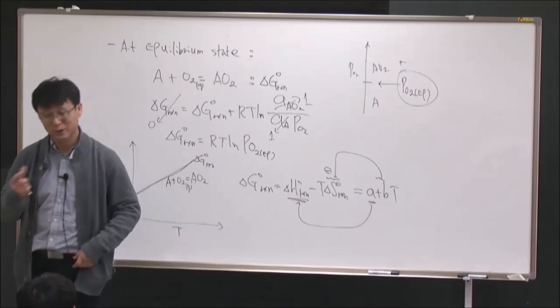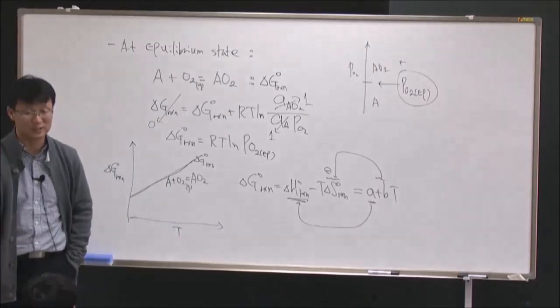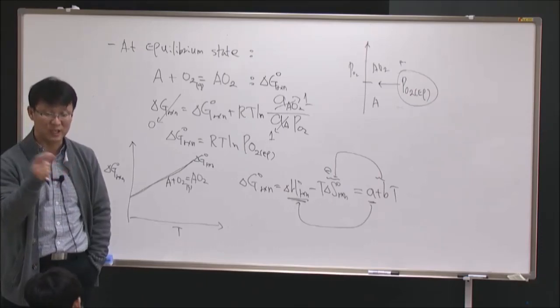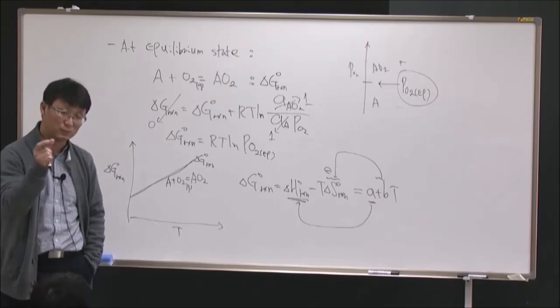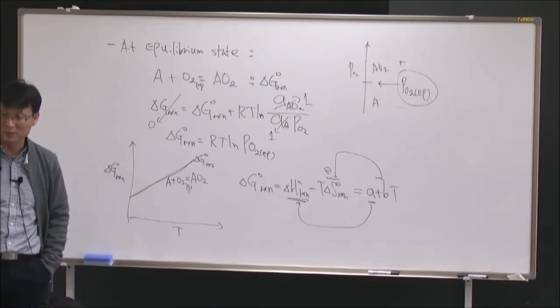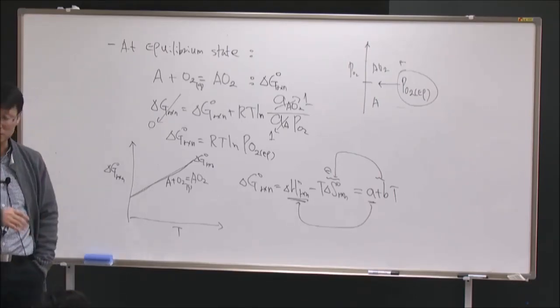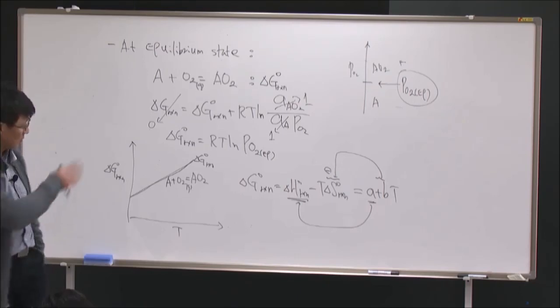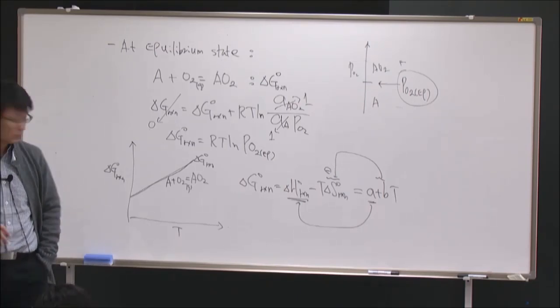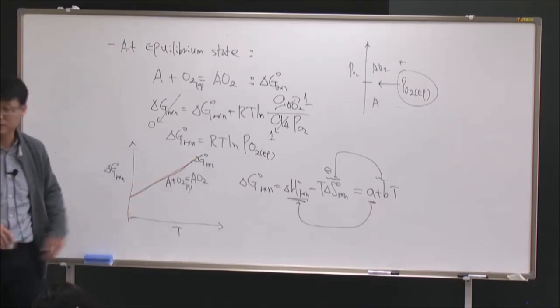Of course, if you look very precisely, there's always a heat capacity which changes with temperature, so there's a small difference from the linear graph, but more or less delta G of reaction, if there's no phase transformation involved, becomes A plus BT. So that's this linear graph.